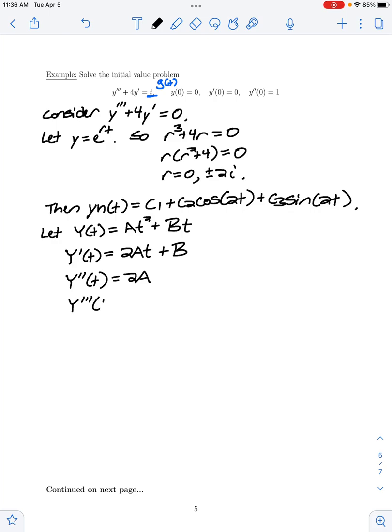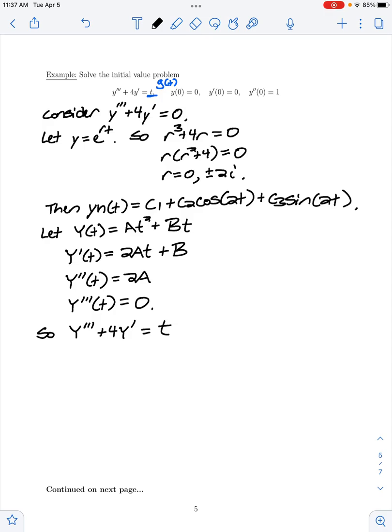And so the third derivative is 0. So substituting into our non-homogeneous equation, we're looking at y triple prime plus 4y prime, which needs to equal g of t.